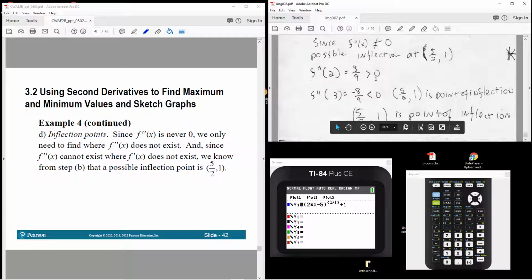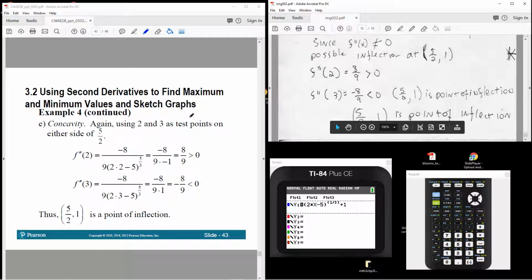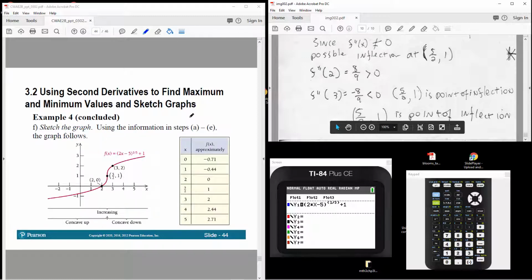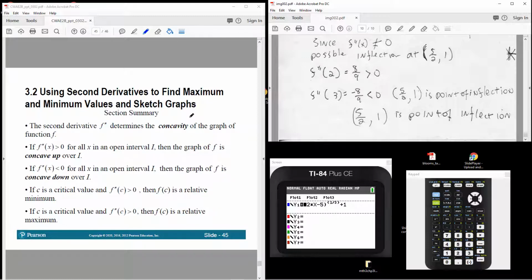It changes sign. So 5 halves and 1 is our point of inflection. And there's our point of inflection, and there's our graph, and there's our summary.